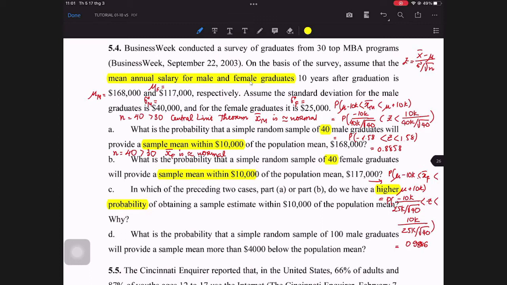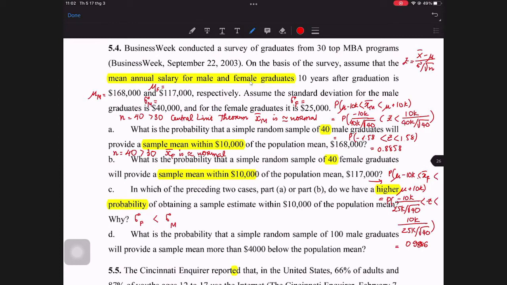And the reason why we have higher probability for female is because the standard deviation for female is obviously less than the standard deviation for male. Just remember that standard deviation is the measure of variability or how different the values are from one another.